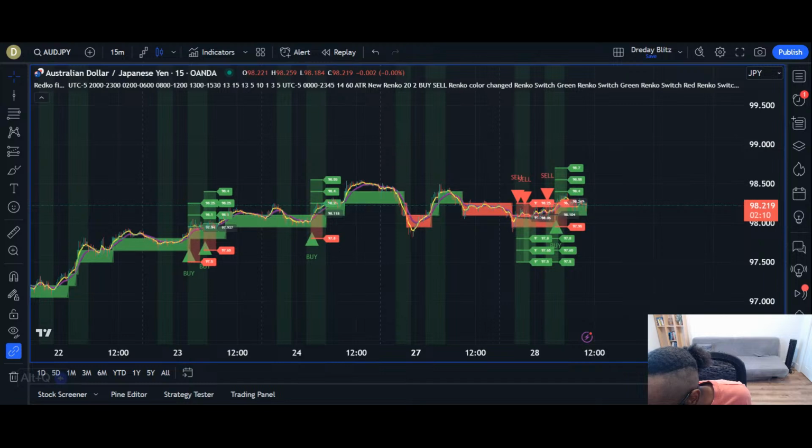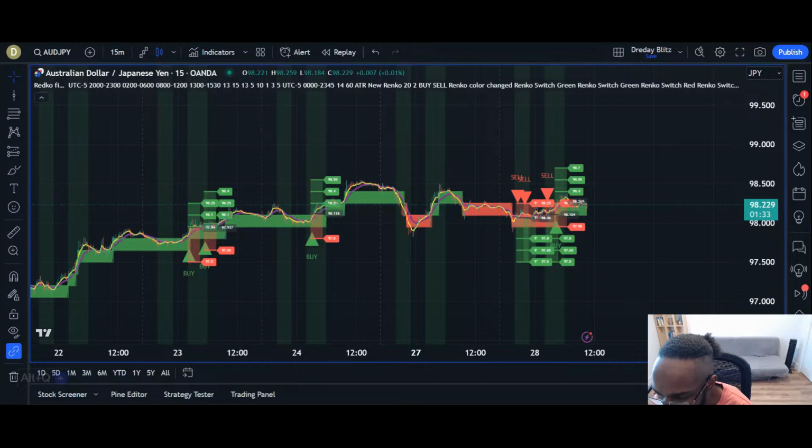Asian session and New York session. No, that's not correct. The Australian dollar and the Japanese yen, if you look at the globe, where are Australia and Japan located? Are they in the same time zone or not?